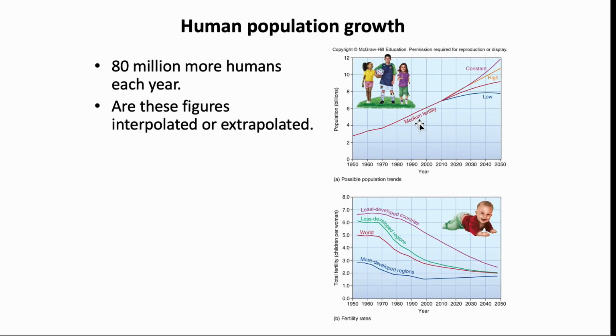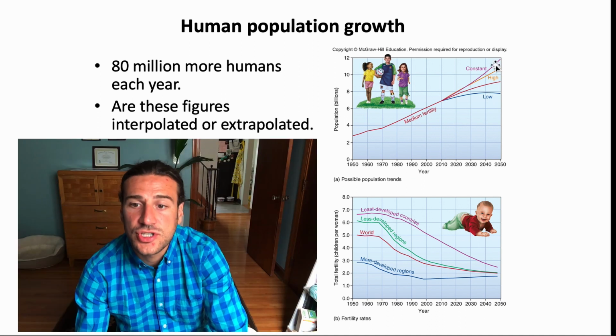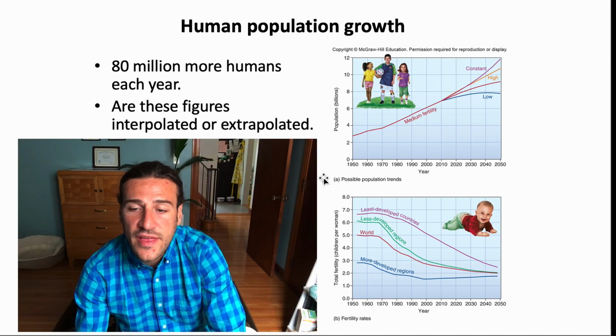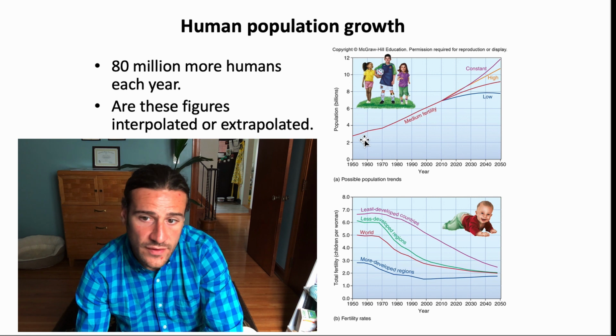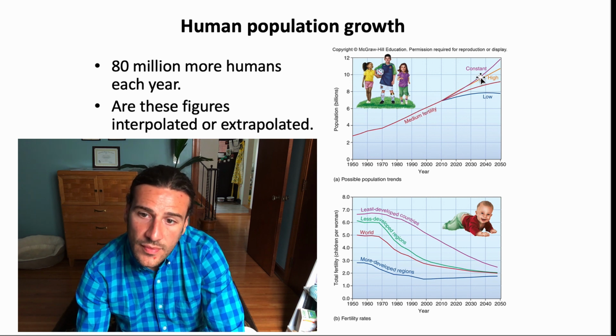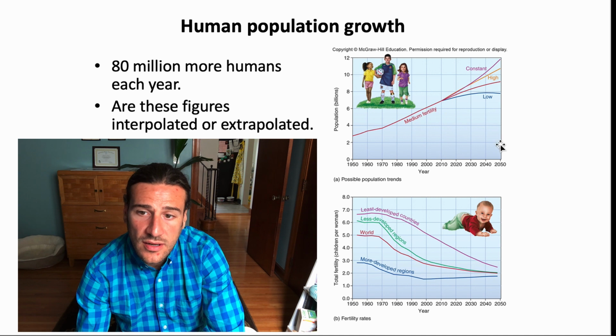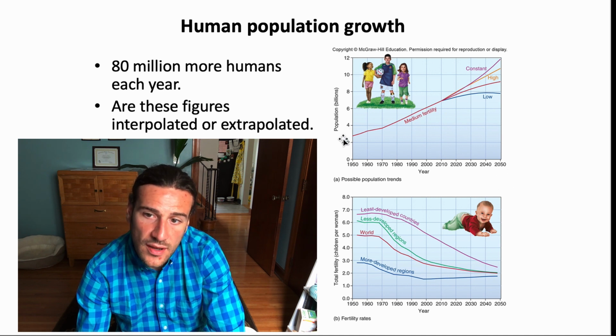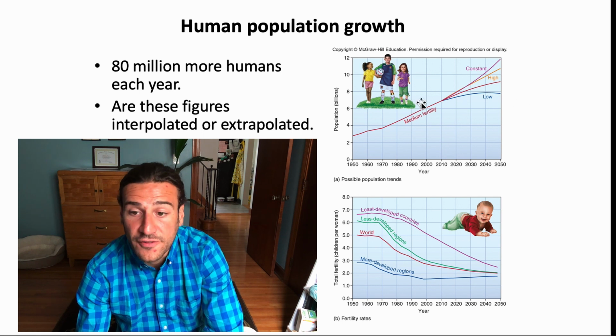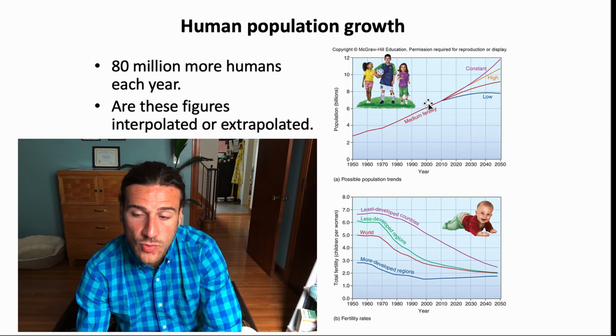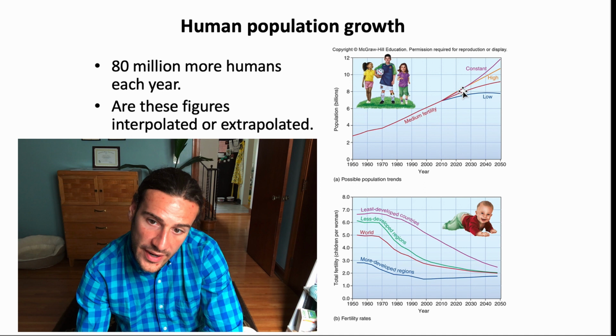So this figure actually shows that in the future, if everything remains the same, if humans continue to populate the earth like we are doing, we're going to have upwards of 11, 12 billion people by 2050, right?